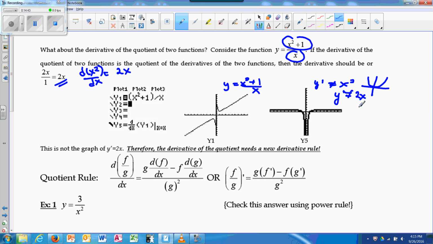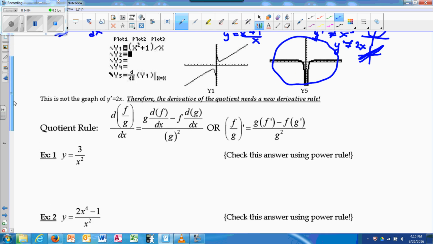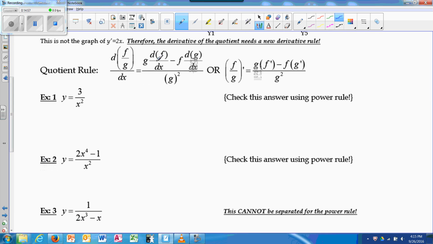X squared would be a parabola. It also does not equal the derivative of x squared, which is 2x. 2x would be a straight line. This derivative is definitely not a straight line. So we need to use a different rule.